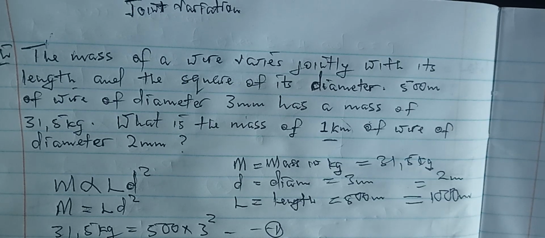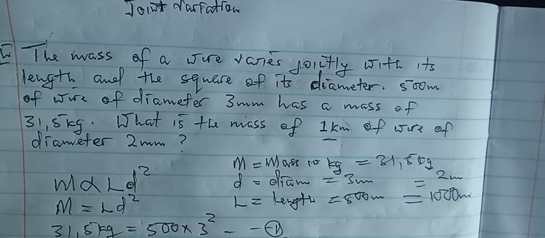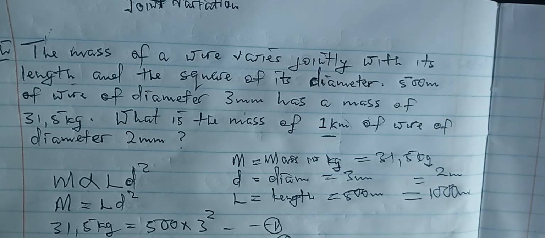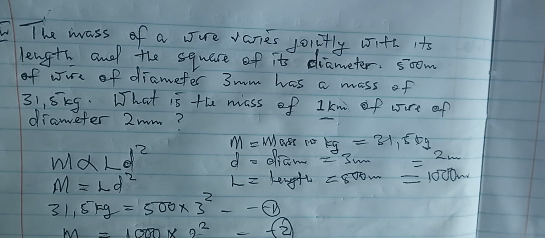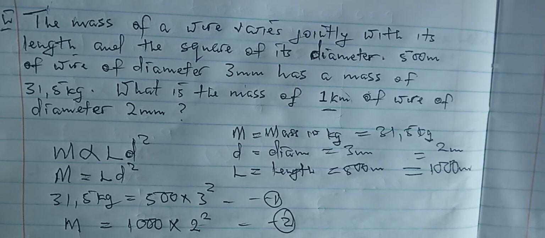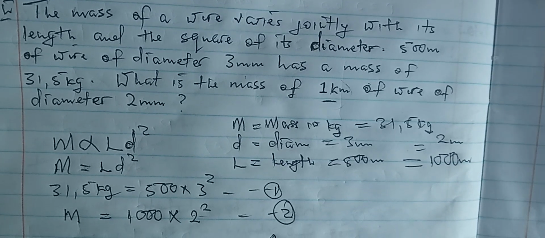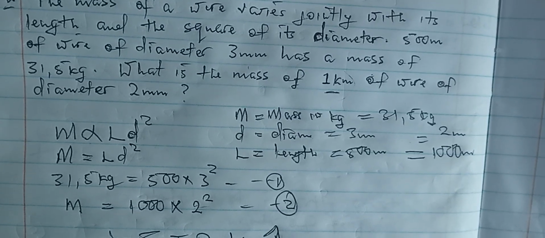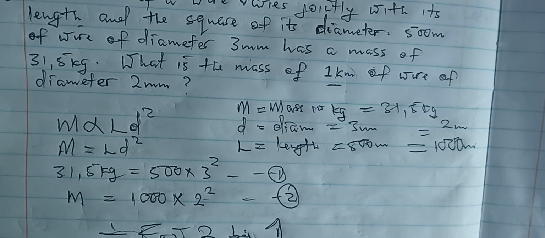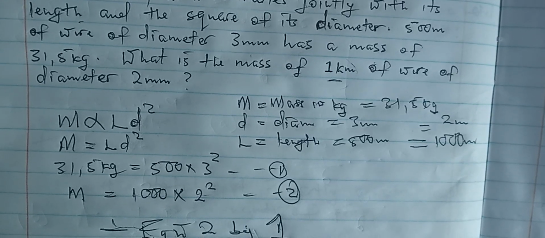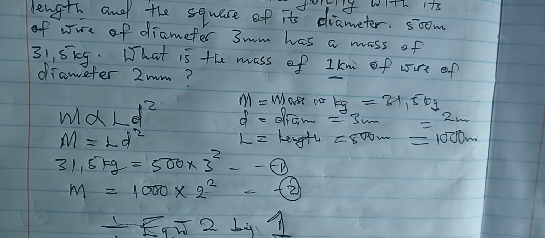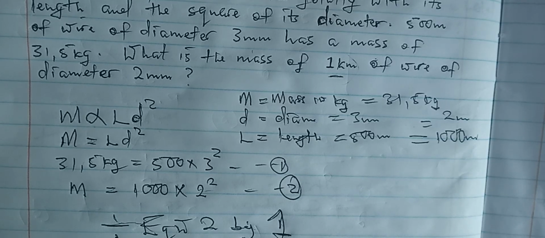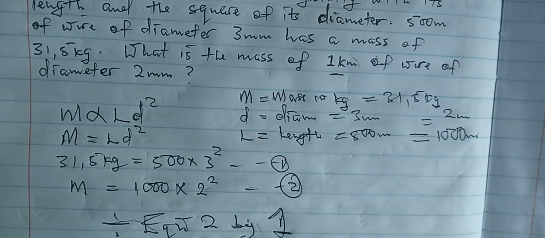And some of you might ask why we didn't introduce the constant, but I think I've mentioned earlier in the tutorial that it was not necessary to introduce the constant k, just because it was eventually going to cancel each other and become one. So the main problem here was to find the mass of a 1 kilometer wire with a diameter of 2 millimeters.